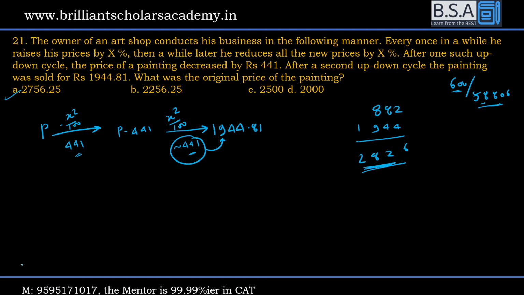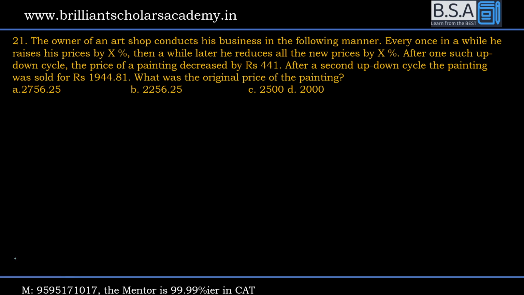Now observe one more way of thinking here. This will be slightly difficult if you're not able to observe patterns. When the price was P, I perform X percentage increase and X percentage decrease. I lose X square upon 100 percentage, which is given to me as 441. So P into X upon 100 square. Please observe the placement of the square.